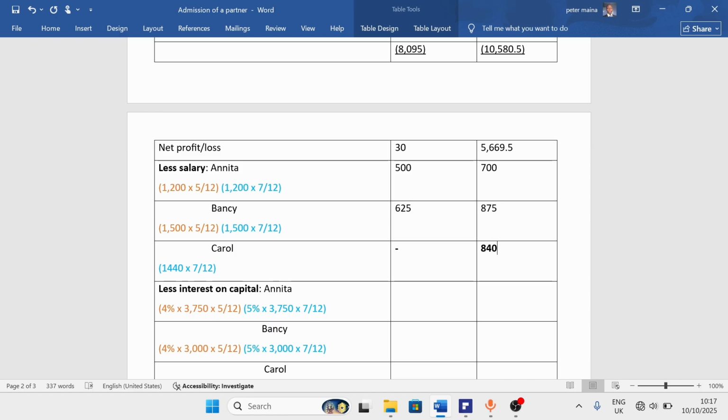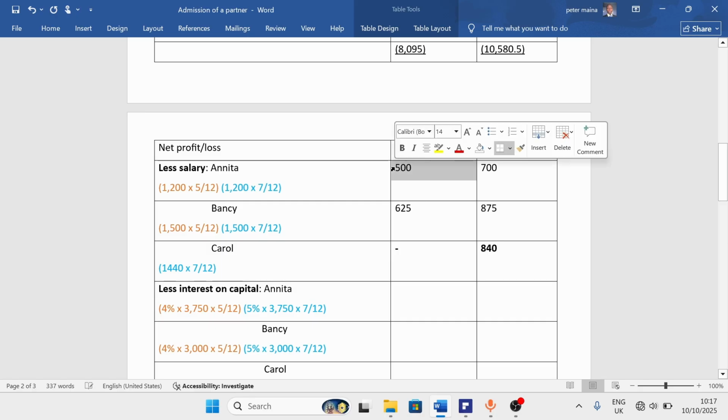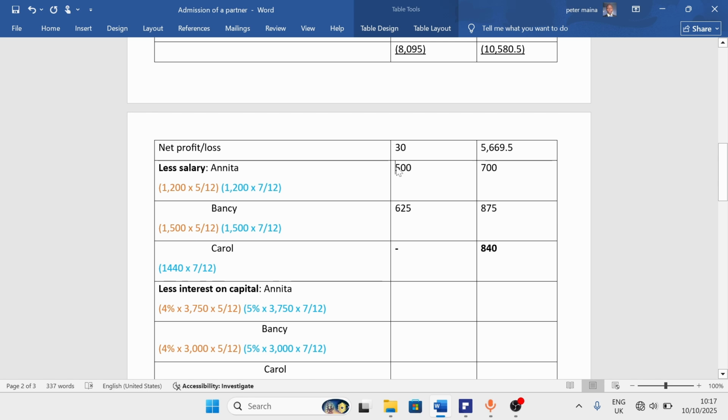So because these ones are paid by the business to the partners, we are supposed to deduct them, so it is best to put them in brackets because we are supposed to deduct them. So next, let us calculate now interest on capital.